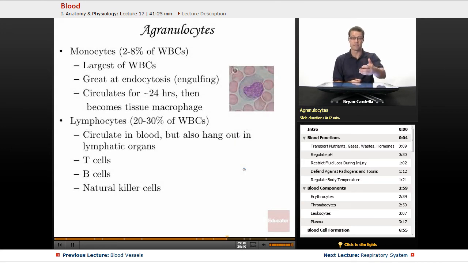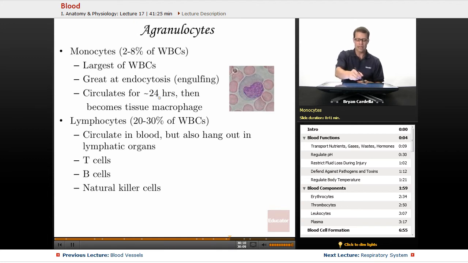Agranulocytes are the opposite, meaning they don't have those granules. They don't have as many dots in them. Monocytes are one type of agranulocyte. That's about 2 to 8% of white blood cells, depending. They are the largest white blood cells, large compared to the others. They're great at endocytosis, like I mentioned before, with the amoeba action of wrapping around and engulfing bacteria and what have you.